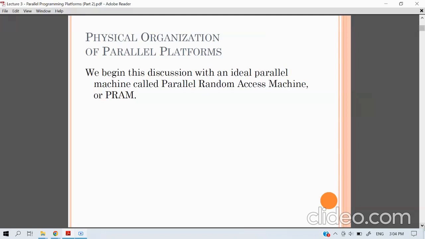Okay, so the physical organization of a parallel platform is taken from the parallel machine called the Parallel Random Access Machine, or PRAM.